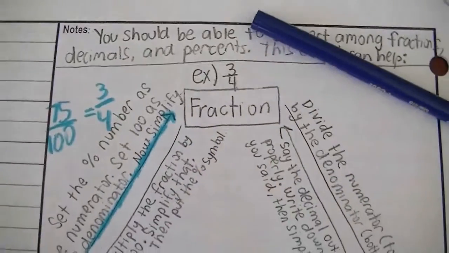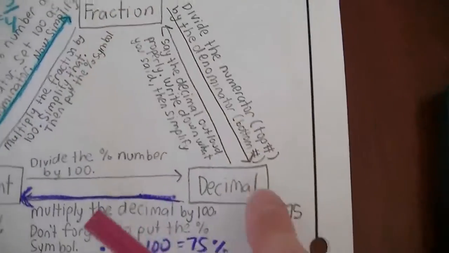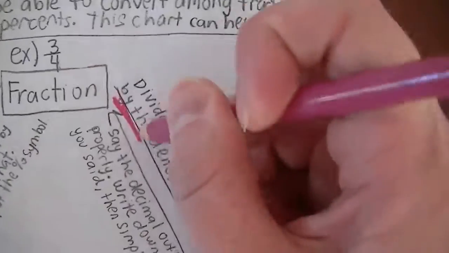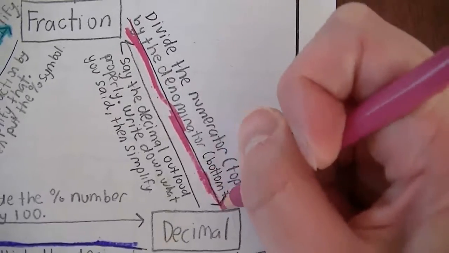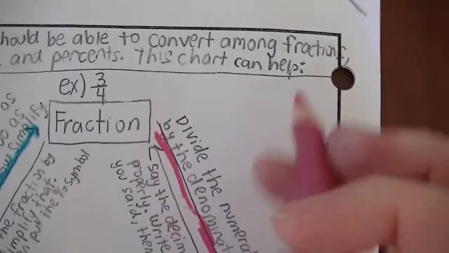Okay, now let's say for some reason you needed to go from a fraction to a decimal. So you would follow this line right here. My work's also going to be in the same color for your reference. Divide the numerator by the denominator.